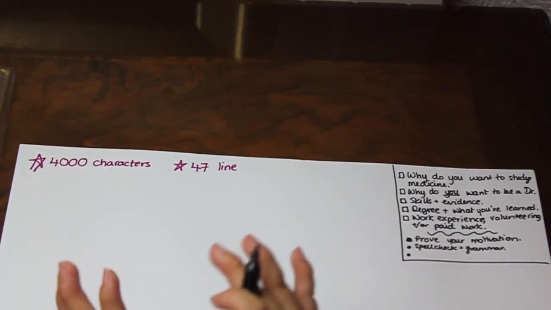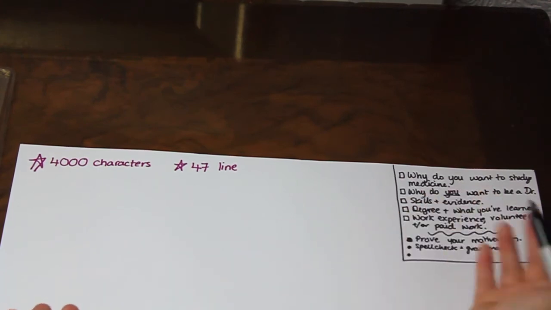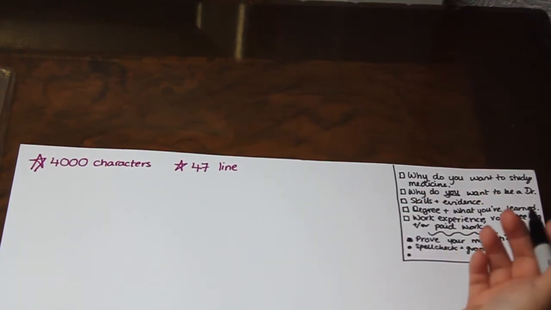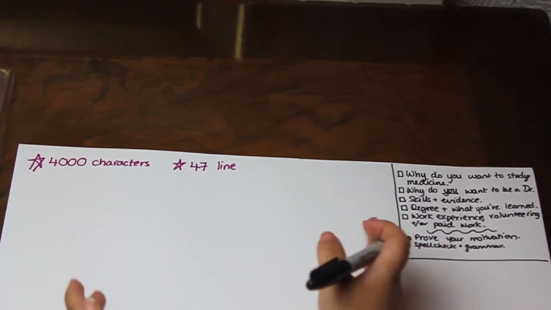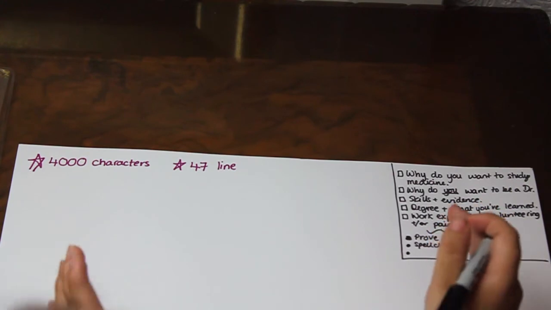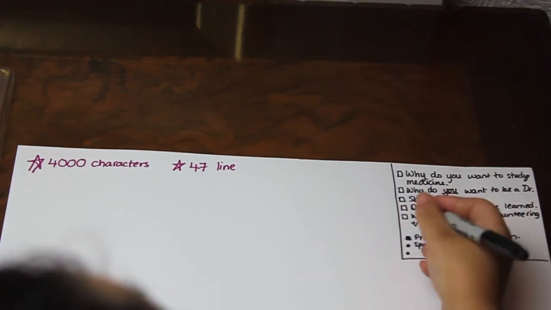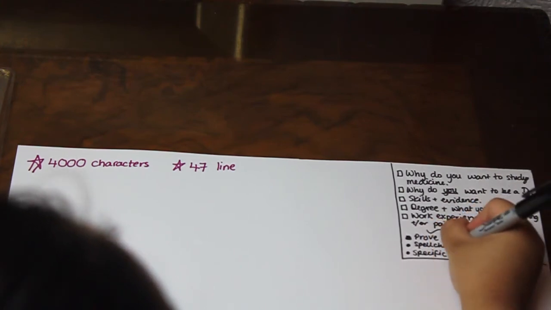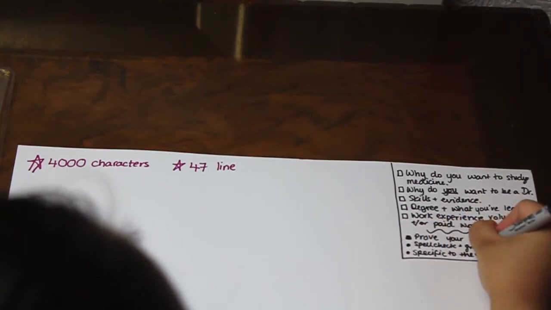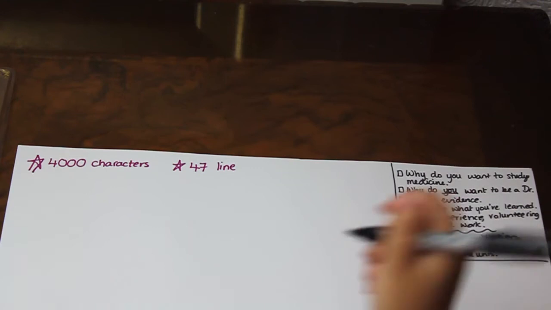Each university will have a different set of features that they are looking for in their prospective medical students, and you'll want to write your personal statement to try to include as many of the key features that they want as possible. So I'll just write specific to the unis. Okay.